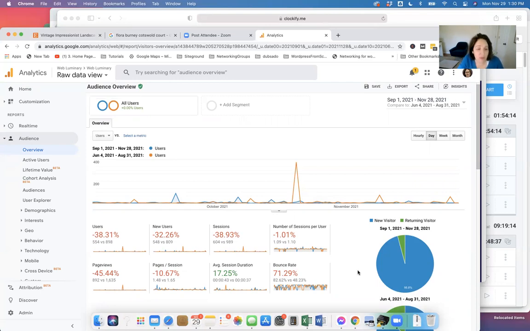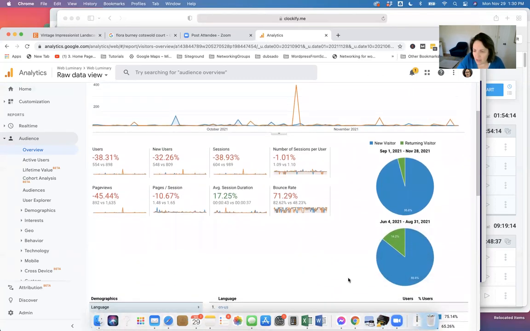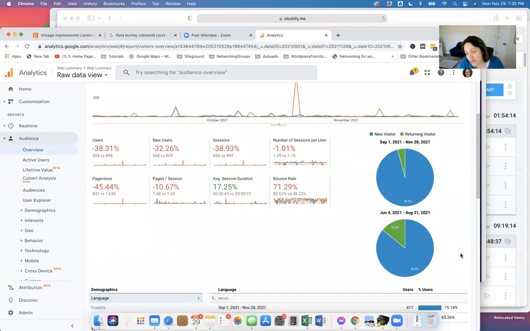You can say, okay, well, June should have lower numbers than July. So what it's saying is that September to November had fewer returning, had more new users than June through August.